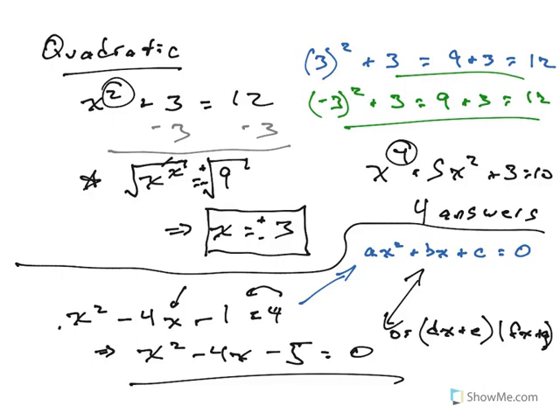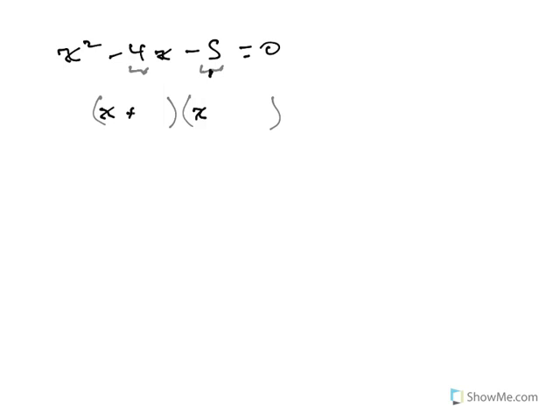And in fact, let's go ahead and do it on this next page just so we have some room. The equation was x squared minus 4x minus 5 equals 0. And if you remember factoring, the rule was, hey, let's look at this number here and look at this number here. What we need to do is to factor into two terms and to say, okay, because this number here has a negative, that means one of these is going to be a plus and one's going to be a minus.